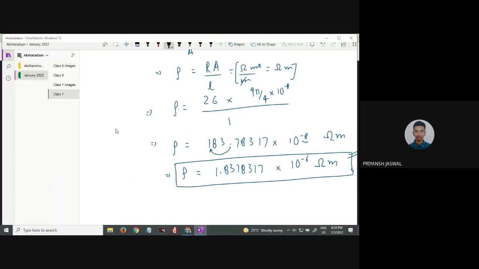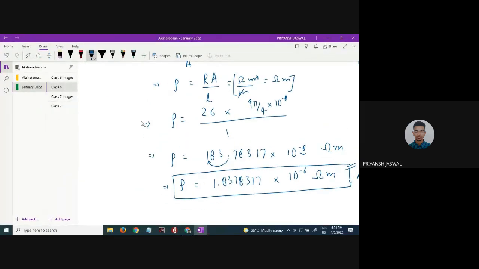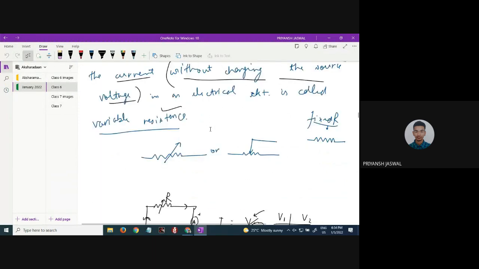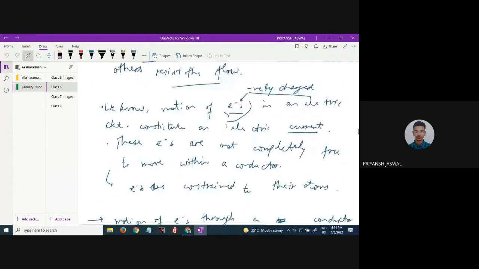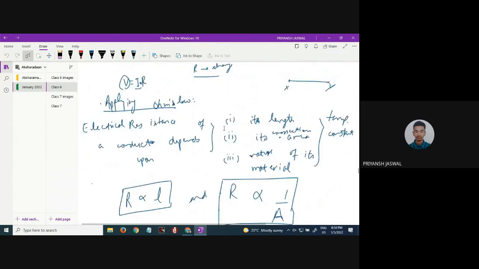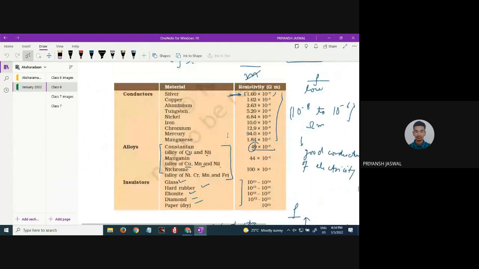So we will go to the table 12.2, which we saw in last class. Here it is.